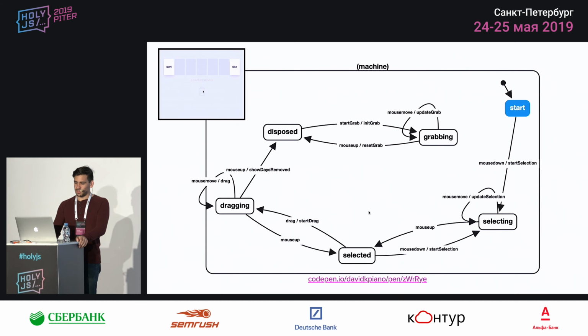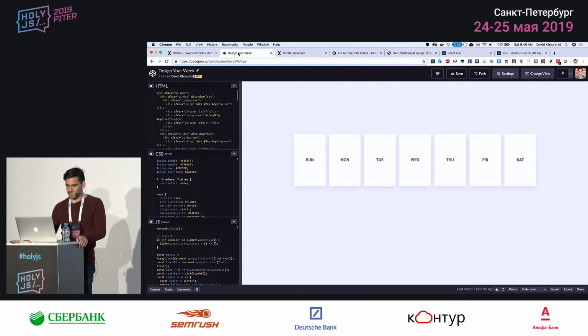Once they're selected, two things could happen. We could either let go and be back in the selecting state, or we could drag and be in the dragging state. Then, depending on if we actually put the dates in the trash bin, we could be in the disposed state.